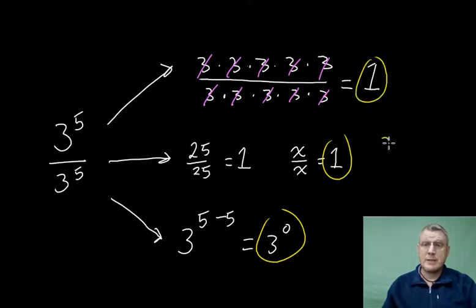So 3 to the 0 power is equivalent to 1. And so if we look at this, it doesn't matter if we have a 3, a 5, or a 10, or anything. That leads us to our general statement of when we have a to the 0 power, or anything raised to the 0 power, it's simply equal to 1.